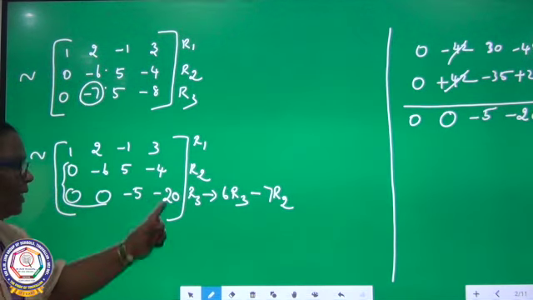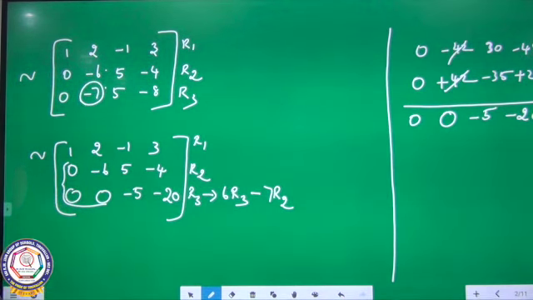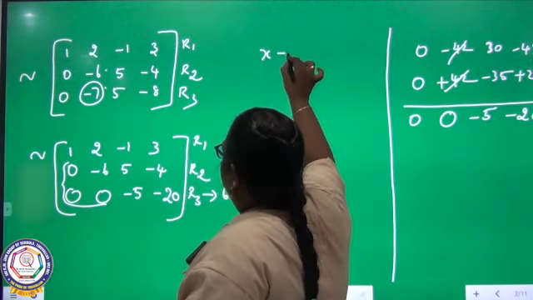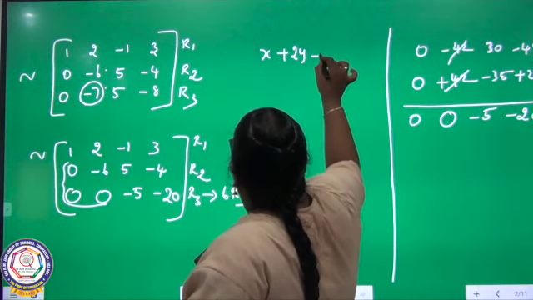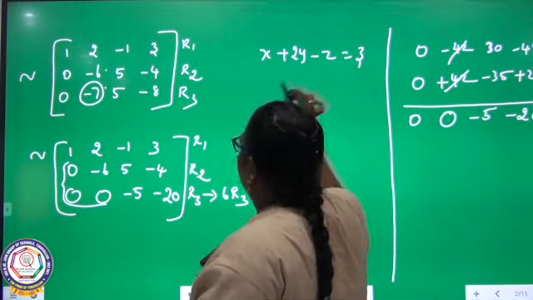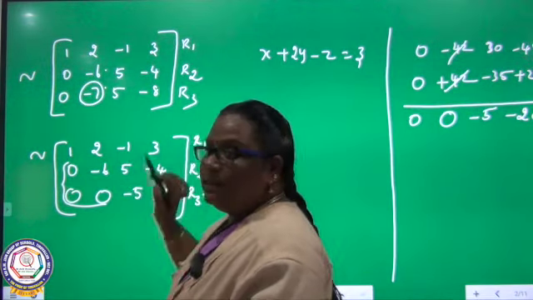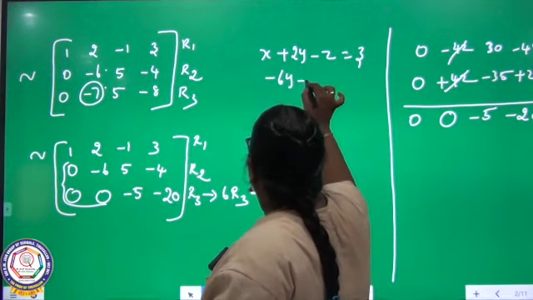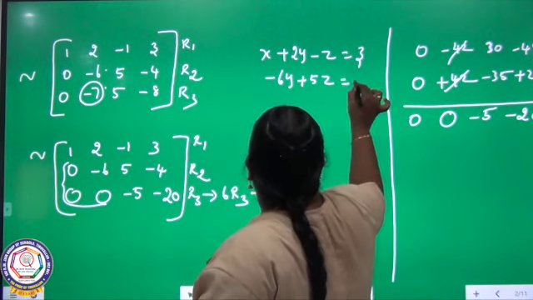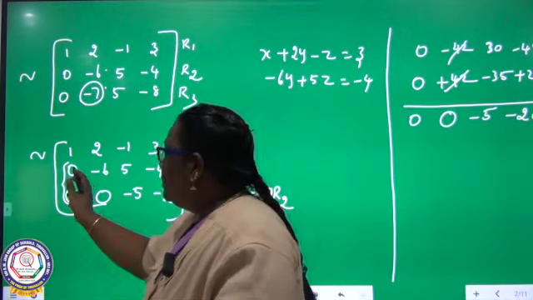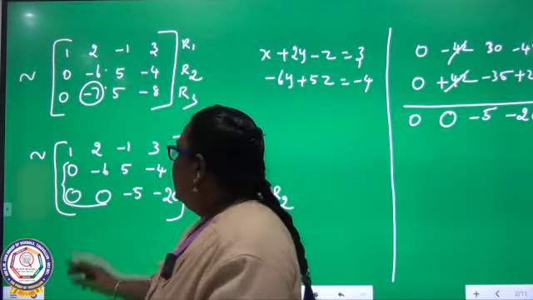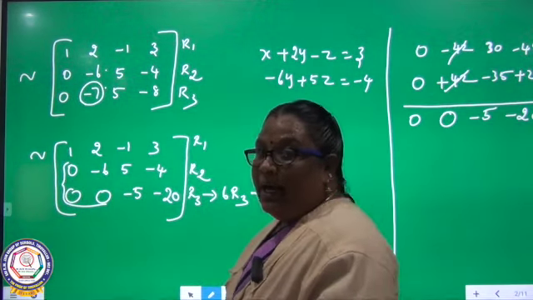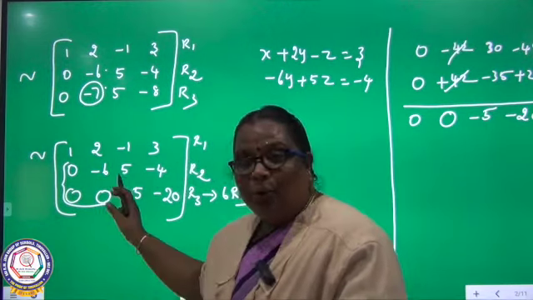Then again you will write the given matrix into equation form. See here, x plus 2y minus z equal to 3. Minus 6y plus 5z equal to minus 4, because the x term is 0. Here x value 0 and y value 0.